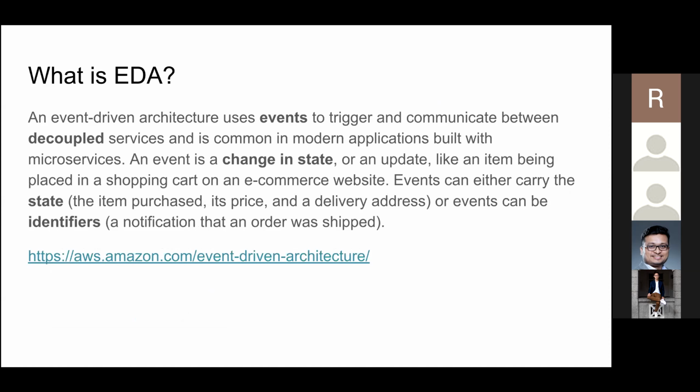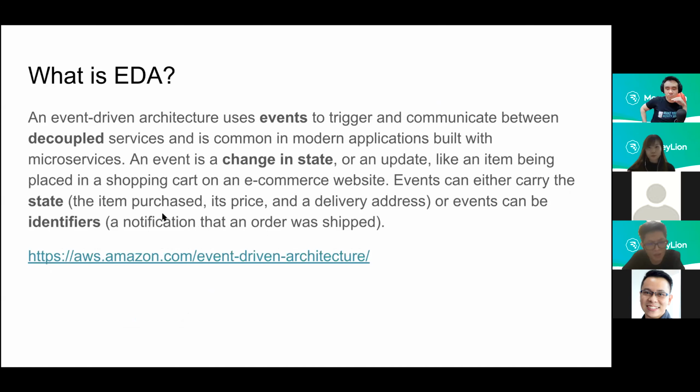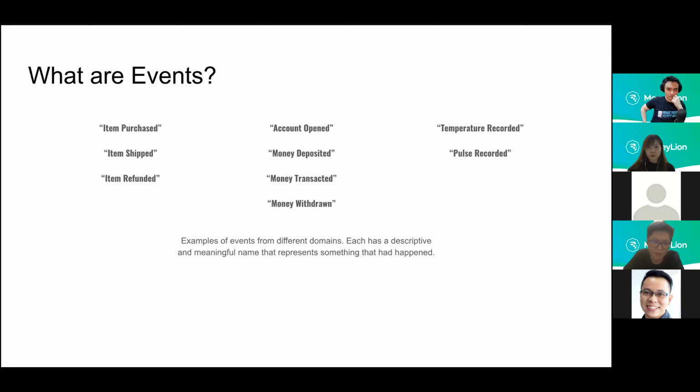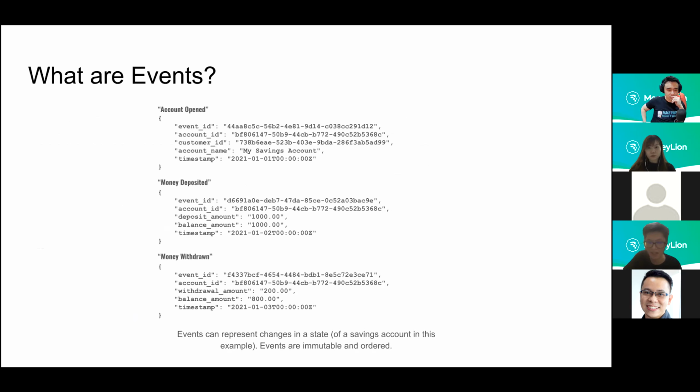This one is similar to the previous definition, but the key here is that an event can carry either the state or the identifier. This is something I illustrated in the previous slide. Some events can simply identify, in this case just the name of the event, which implies a notification that some event occurred. Besides the event identifier, you can also carry state, in this case the additional attributes.